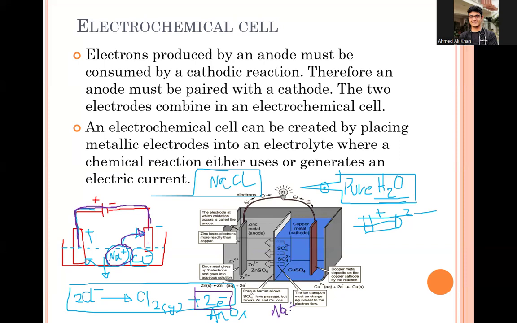After gaining those two electrons, what will happen to sodium? Will sodium be reduced or oxidized? Sodium will be reduced, obviously. So on the cathode, since sodium is being reduced, it is being converted into solid sodium.